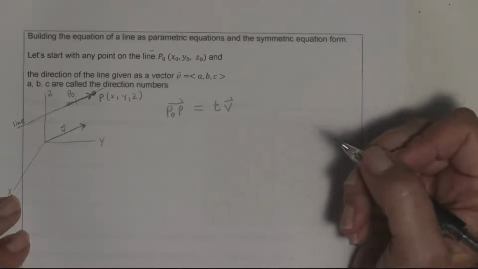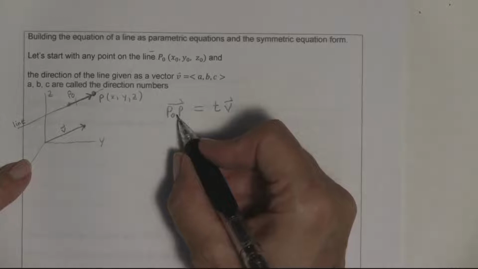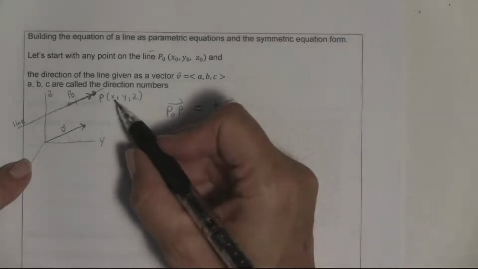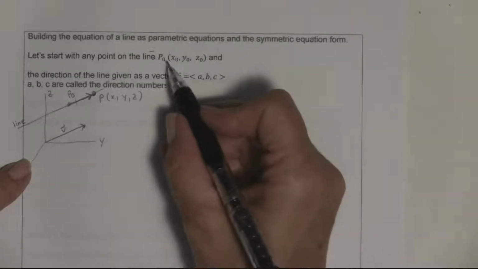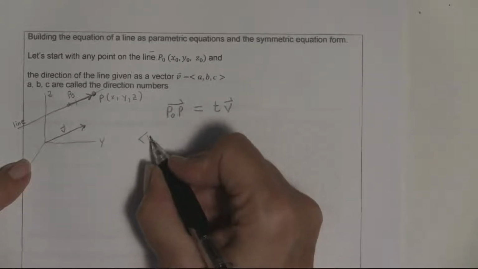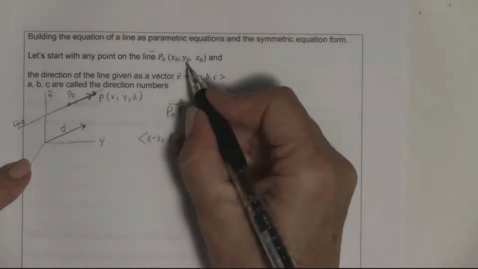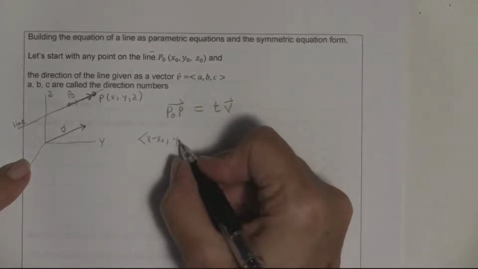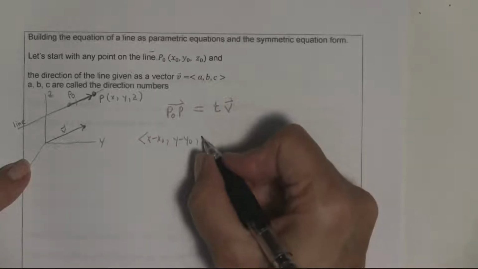And so how this is going to go then is now I'm going to find the position vector here. And so this is going to be x minus x naught, right? Because you start with P, x minus x naught. And so I'm going to have a vector here, x minus x naught, and then y minus y naught, and z minus z naught.